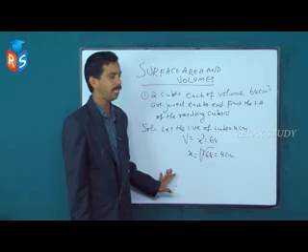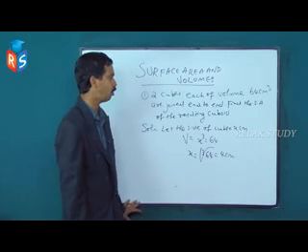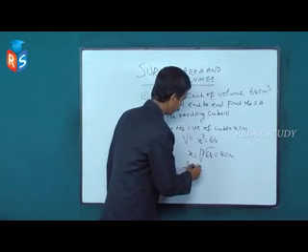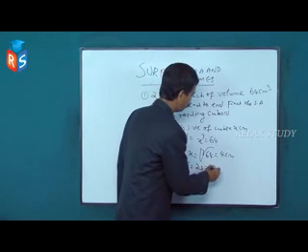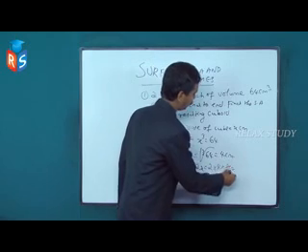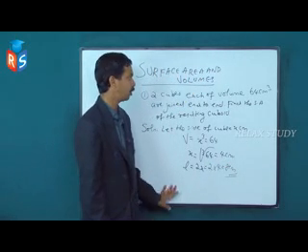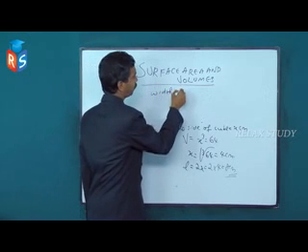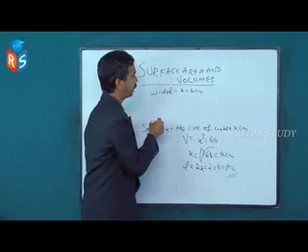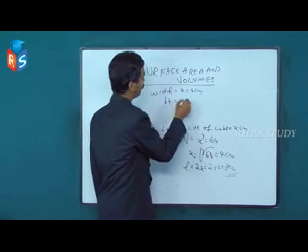When cubes are joined end to end and a cuboid is formed, the length of the cuboid is 2x. So 2 into 4, 8 centimeter. This is the length of cuboid. Then width of cuboid equals x equals 4 centimeter, and height also 4 centimeter.